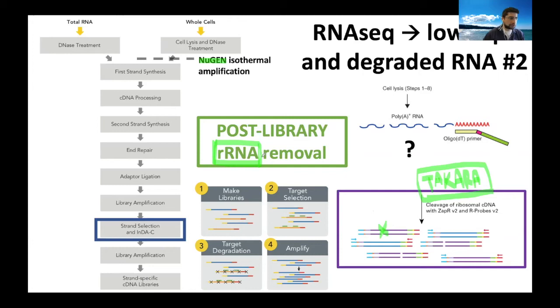So two different approaches. The strategy is exactly the same. Ribosomal RNA removal at the end of the library after we've done PCR amplification. So it's still possible to perform a library from degraded low input RNA if your material is precious, okay?